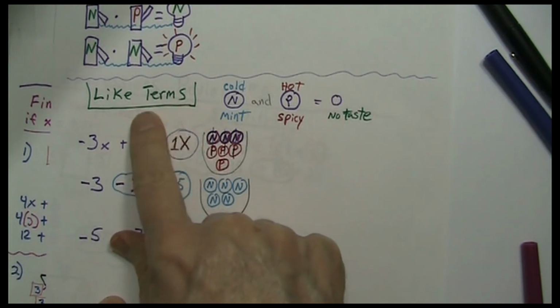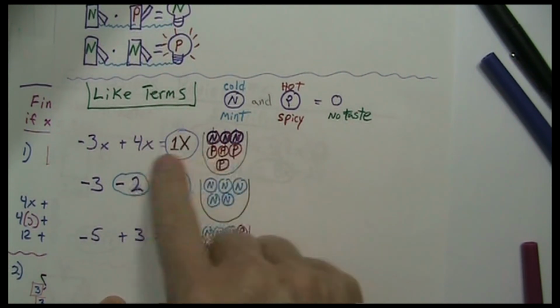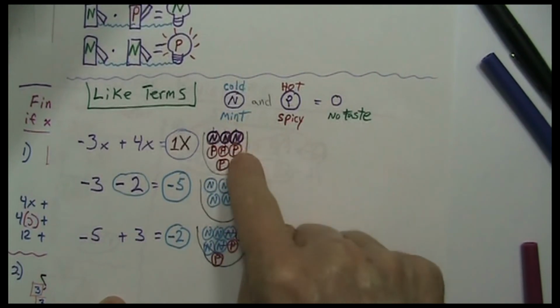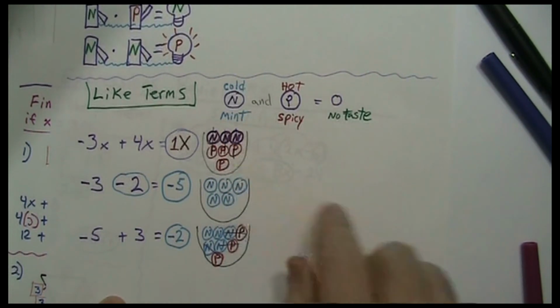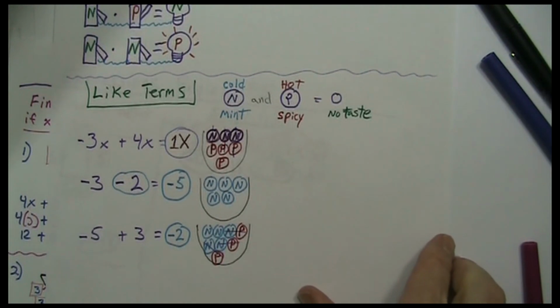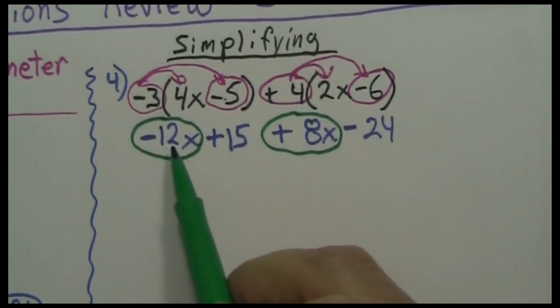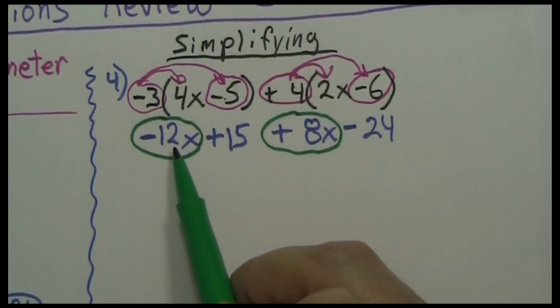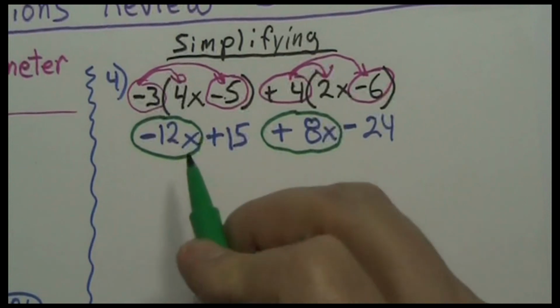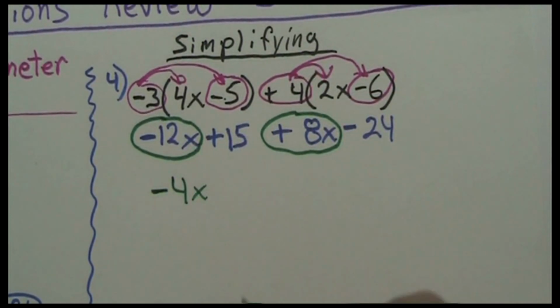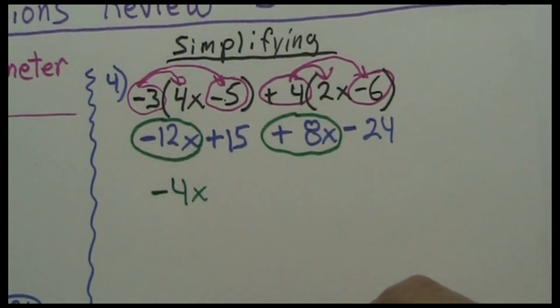We're combining like terms. So you just want to see if they're the same. It's like putting flavors on your tongue. A mint or something spicy. Looking at this one, I have more cold than I do hot. More mint. How much more mint? 12 take away 8 is 4. There's more negative, so it's negative.